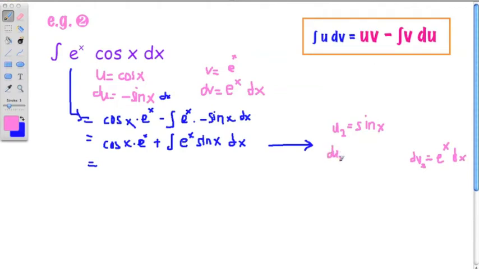To find the second du, we differentiate sin x, we will get cos x dx. And to find v, we integrate e to the power of x dx. We will get e^x.